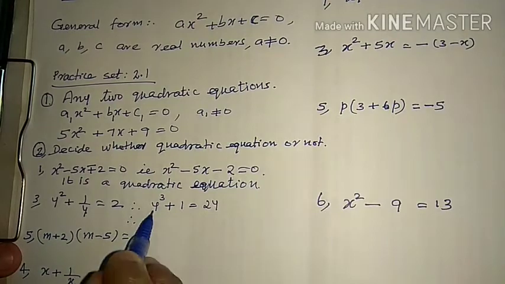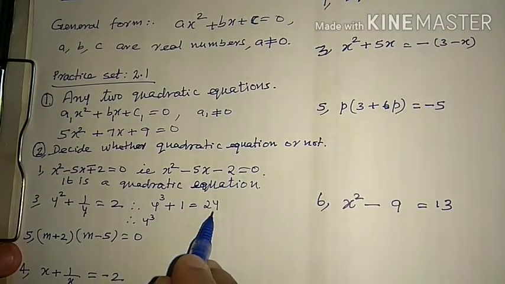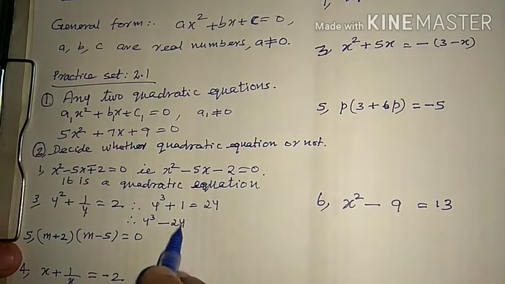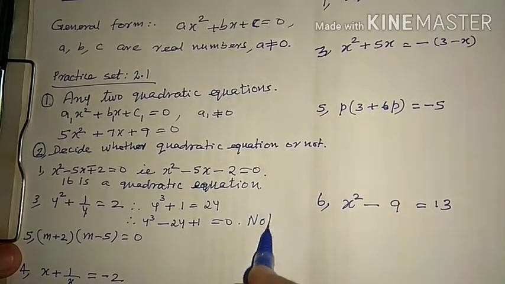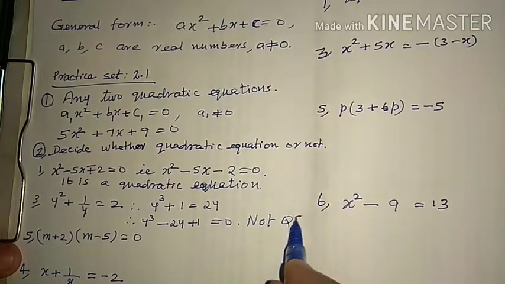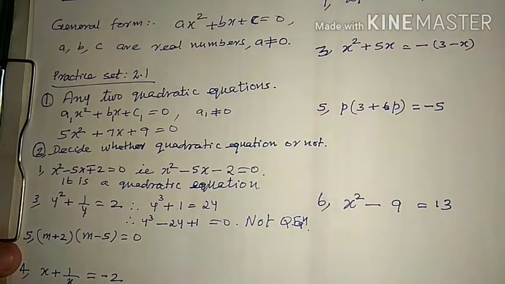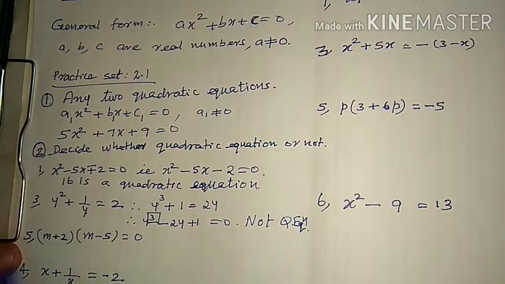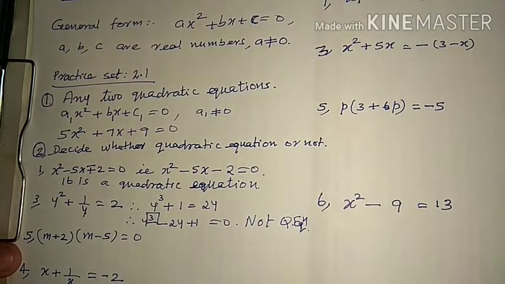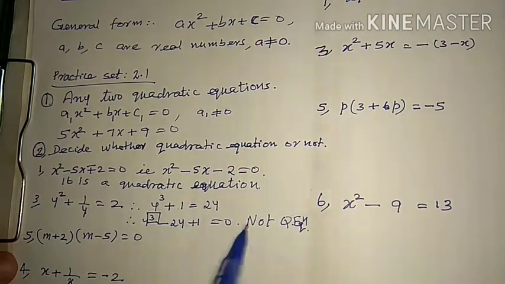Therefore, this becomes y cube, minus 2y plus 1 equal to 0. It is not a quadratic equation. Why is it not a quadratic equation? The highest power of the variable is 3. It is not quadratic. This third one is not a quadratic equation.